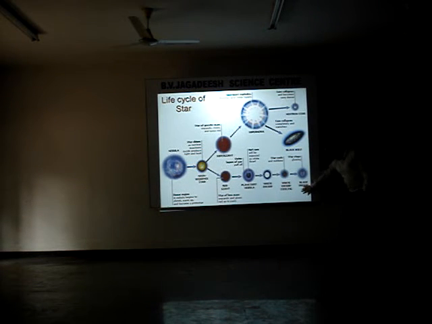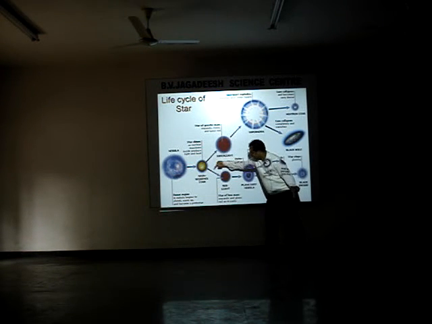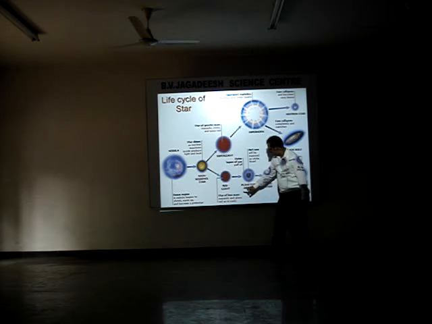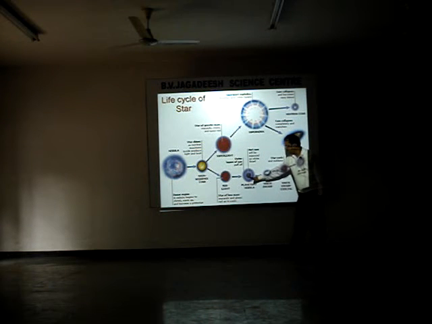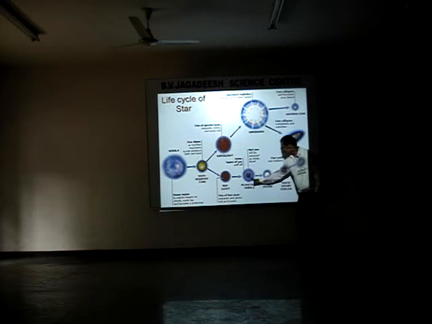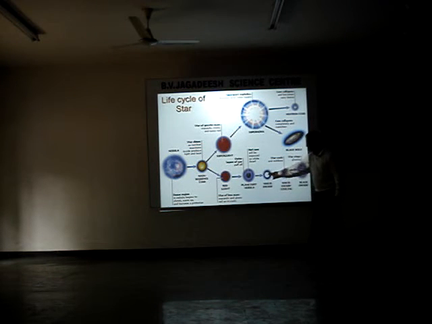This is on paper. If you ask me, can you find any black dwarf? I will say no. Because from here to here it is a 100 million year cycle. From here to here, it's hardly any time, okay, for an explosion. And the moment this is formed, a white dwarf is formed at the center.